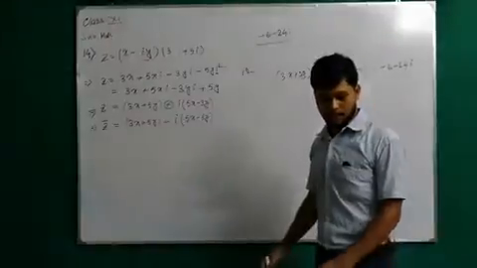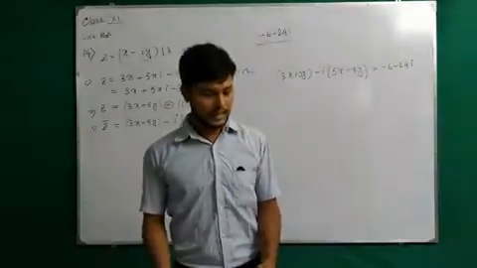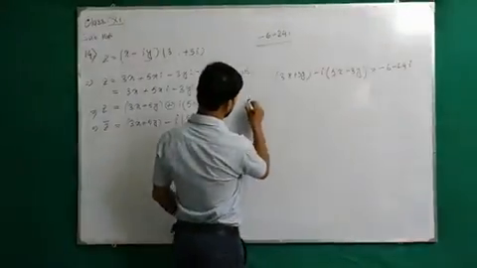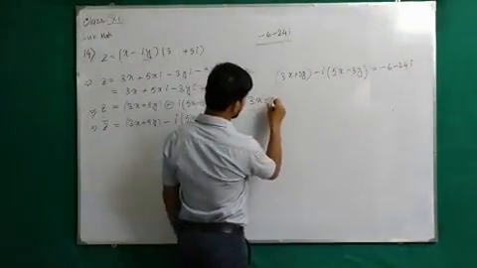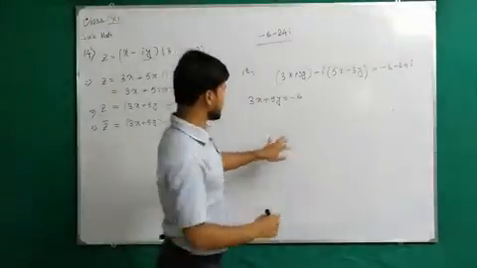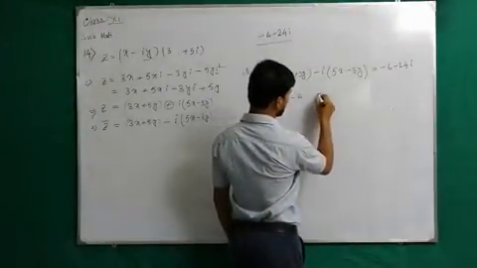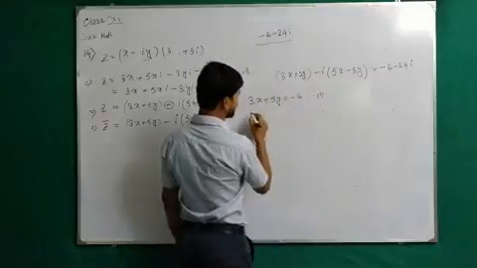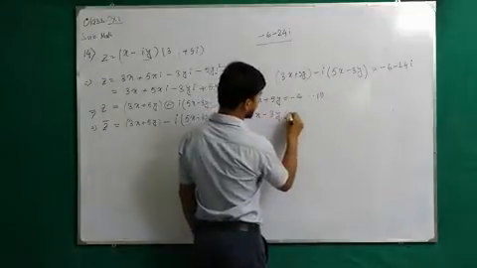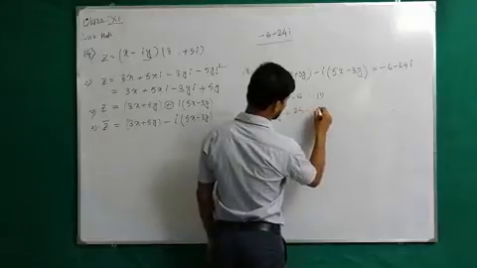Now if I compare the real part with the real part and the imaginary part with the imaginary part, then we have 3x plus 5y is equal to minus 6. This is the first equation, and the second equation will be 5x minus 3y is equal to 24.